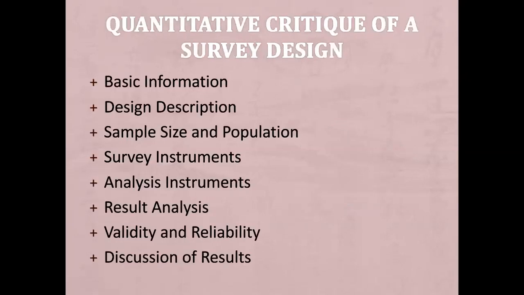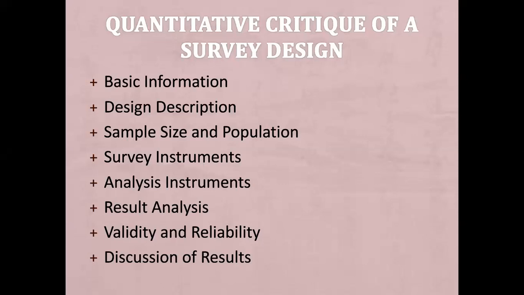So, to start off with the quantitative analysis or critique of a survey designed quantitative research study, I'll break this down piece by piece, but we're going to look at just basic information, the structure of the article. Then we're going to look at the design description, so how they did their study. We're going to look at different things like how did they get their participants? What was their sample size?